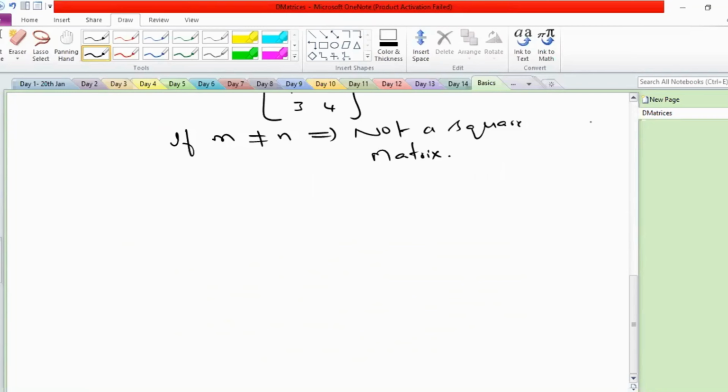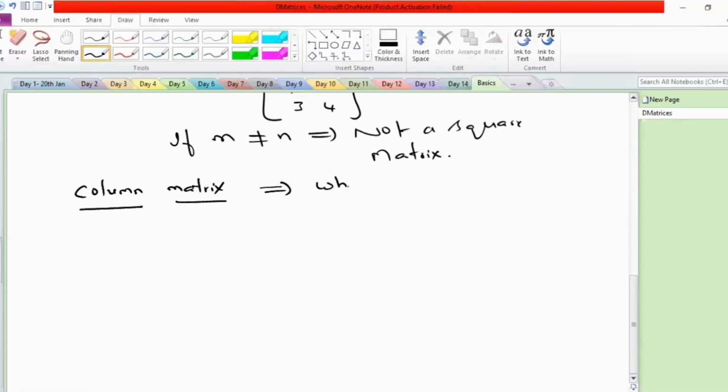Now let us look at the column matrix. When do you call any matrix a column matrix? Any idea?